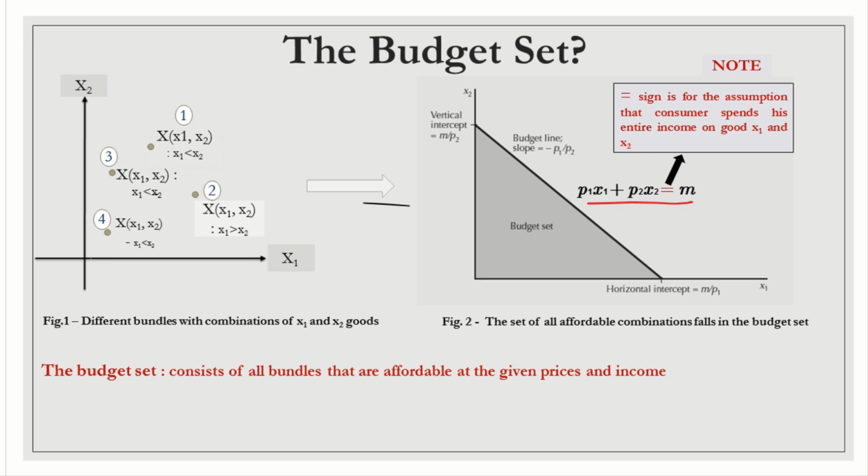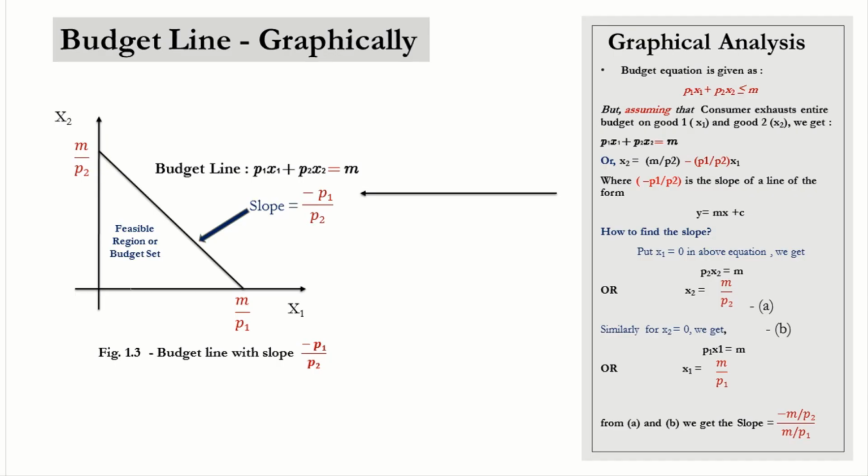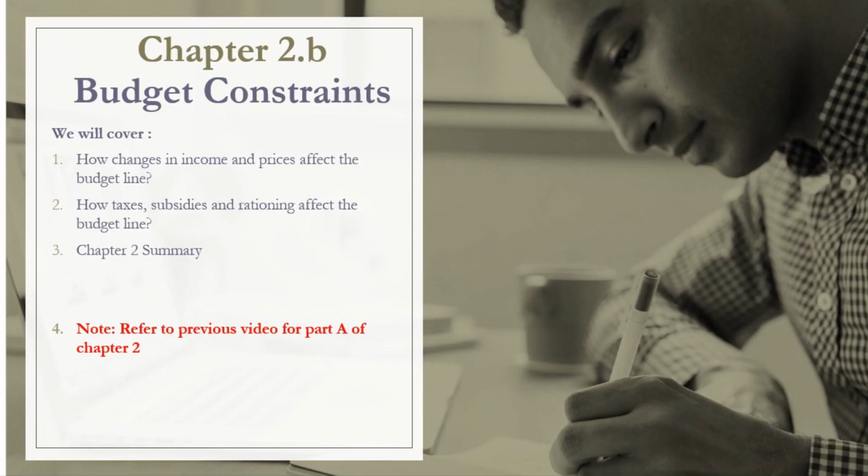And we know why this equal sign was there. If you are not clear with this point, you may consider visiting the previous video. So we have seen how to represent a budget line graphically and how we get the slope of the budget line, right?